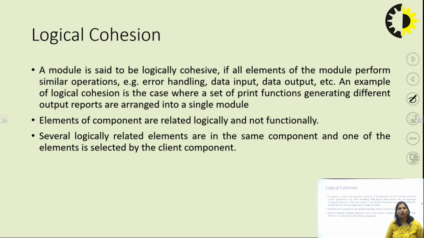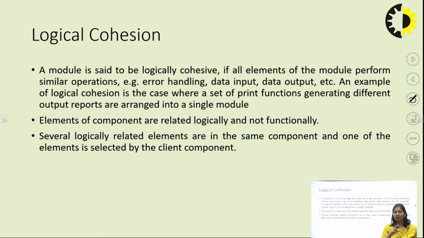Then coming to logical cohesion. A module is said to be logically cohesive if all the elements of the module perform similar operations. Logically they are related, for example error handling, data input, data output. An example of logical cohesion is a set of print functions that generate output reports arranged in a single module.